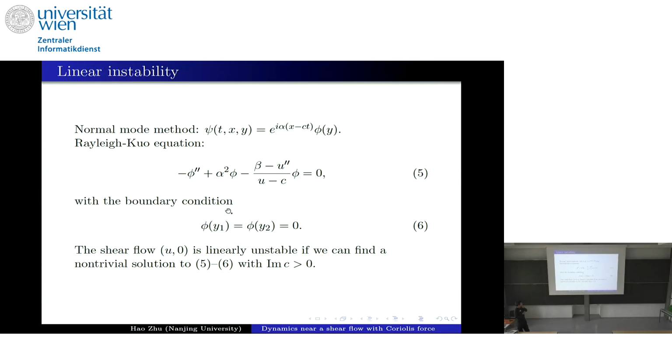So the shear flow is linearly unstable if one can find such a non-trivial solution to the system 5 and 6 with c, where the imaginary part of c is positive. If the imaginary part is positive, then we put it into the solution, we will get an exponentially growing solution, right?